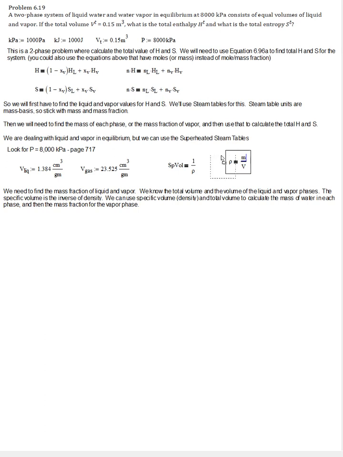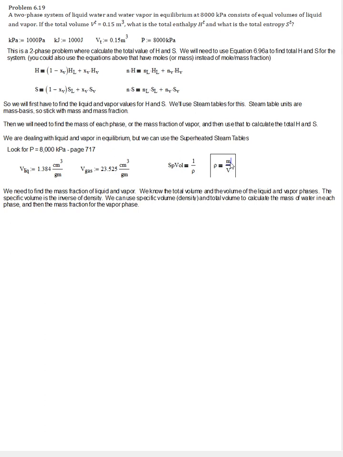So we want the mass of the liquid and the mass of the vapor. If we want the mass, then we need to know the volume of that phase. So let's focus first on the liquid.